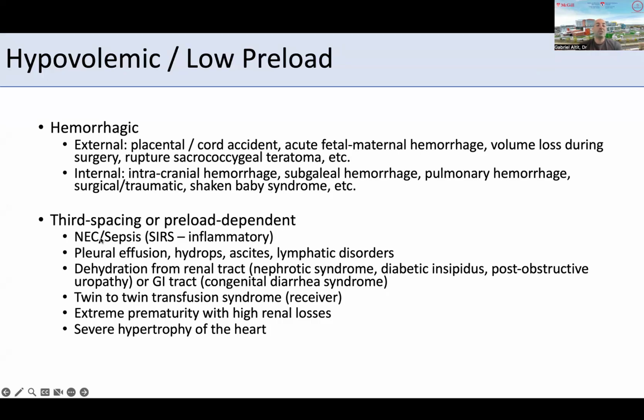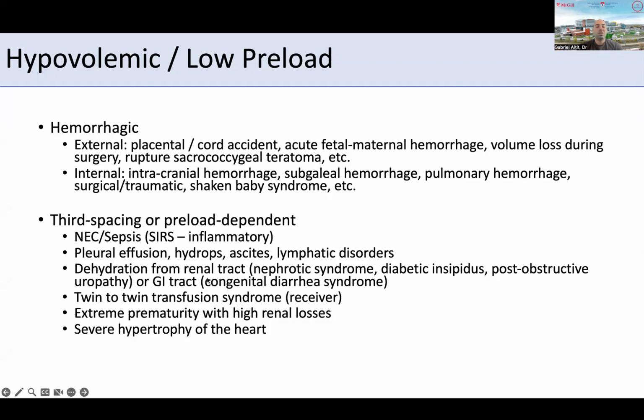And then there are situations with third spacing, like hydrops, pleural effusions, lymphatic disorders. If you have some degree of early onset sepsis or, later on, necrotizing enterocolitis, there are some patients that will just get very dehydrated because of urinary loss or because they have a renal or GI condition.